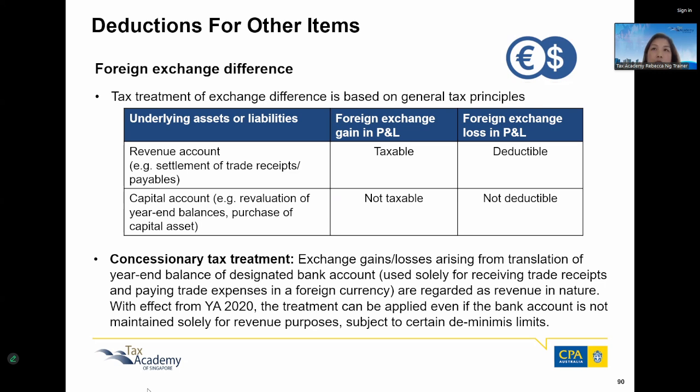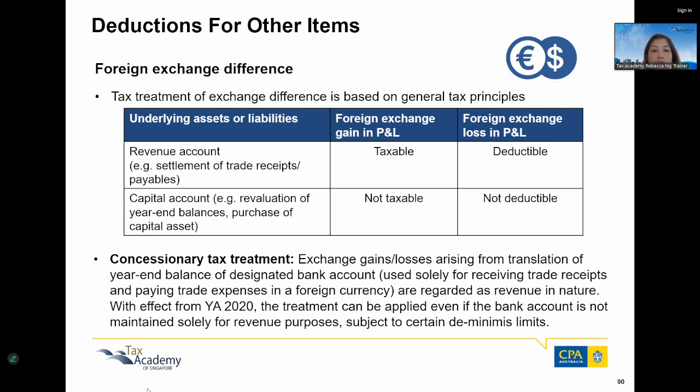So if let's say I have bank account A, B, and C, and bank account A is used for those designated bank account that is solely used for receiving trade receipts or paying trade payables. That is the designated account. And if I have currency exchange differences arising from bank account A, I can claim a deduction if it is a loss, or I have to bring the gain to tax.